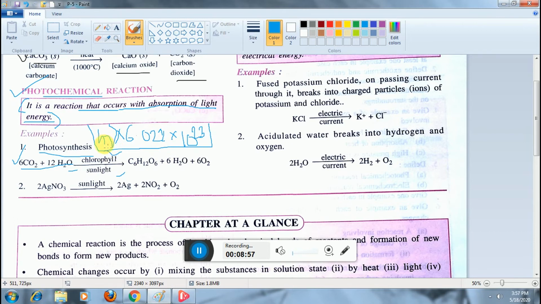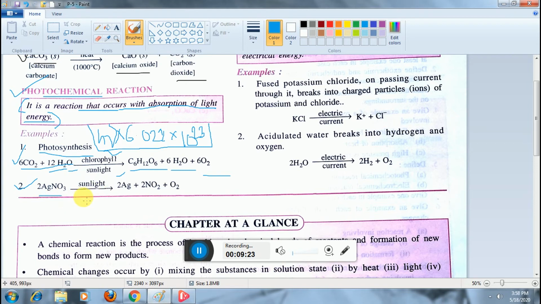If h nu is multiplied by 6.022 times 10 to the power 23, then it is termed one Einstein of energy. 6 CO2 plus 12 H2O gives glucose plus water plus oxygen.